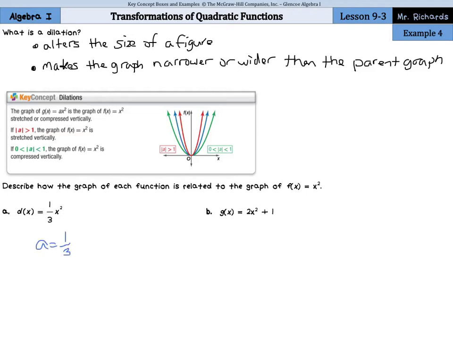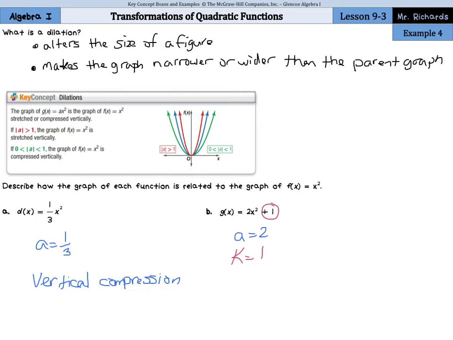And since that's between 0 and 1, we can describe this as a vertical compression. In our next example, we'll have a being 2, but then we also have this plus 1 here, so our k is 1.